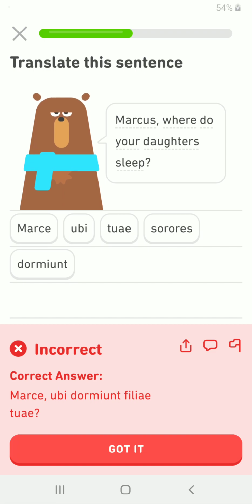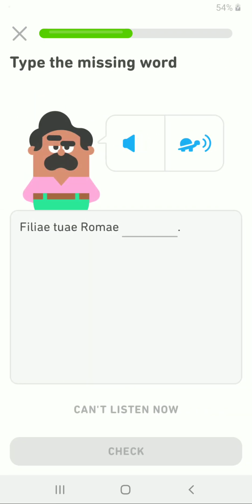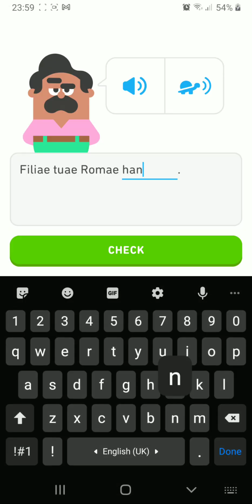So what is the problem here? Daughters, not sisters. Yes, this is a very bad mistake. Sorry. Romae habitant. Filiae tuae Romae habitant. I know what habitant is, it means they live. So habitant, without the n here.